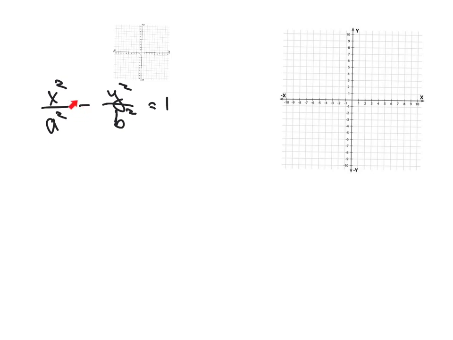So the ellipse has a plus sign, the hyperbola has a minus. All right, so let's look at this and see what we're going to do. Let me give you an equation. And it also has to have a 1 at the end. So these are again centered, or the origin is at the center.